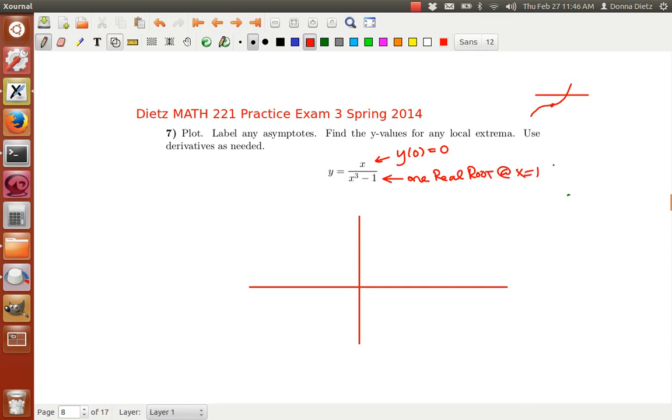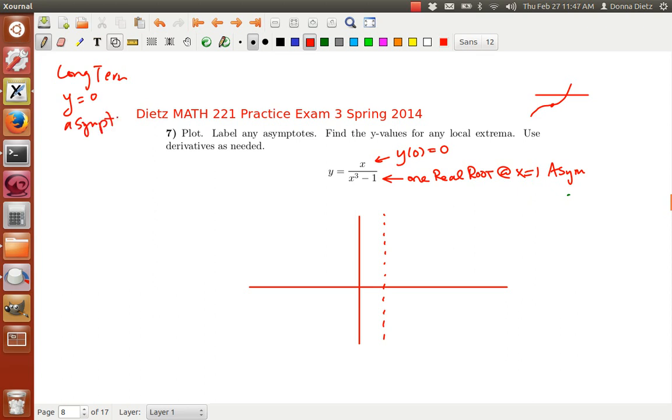And so we have an asymptote at x equals 1. No other asymptotes. Okay, and we know the long-term behavior. We know the denominator has a greater power than the numerator, so we have y equals 0 asymptote there.